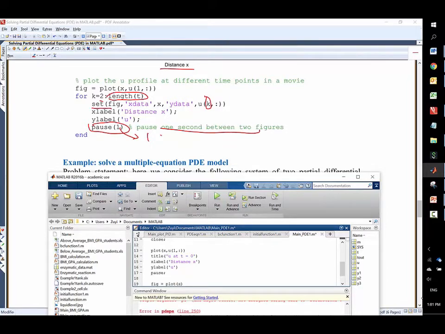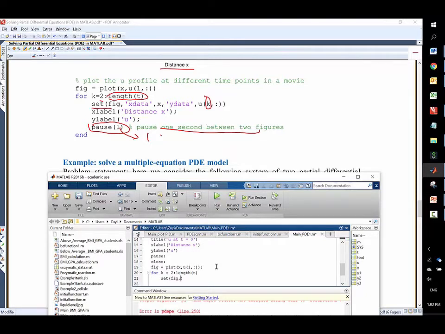So we want to keep the figure, right? U1 means the first time point, 1 means the first time point. Okay, and then we get for, right? So type it in pair, K equal to 2 to the number of the sampling time points.